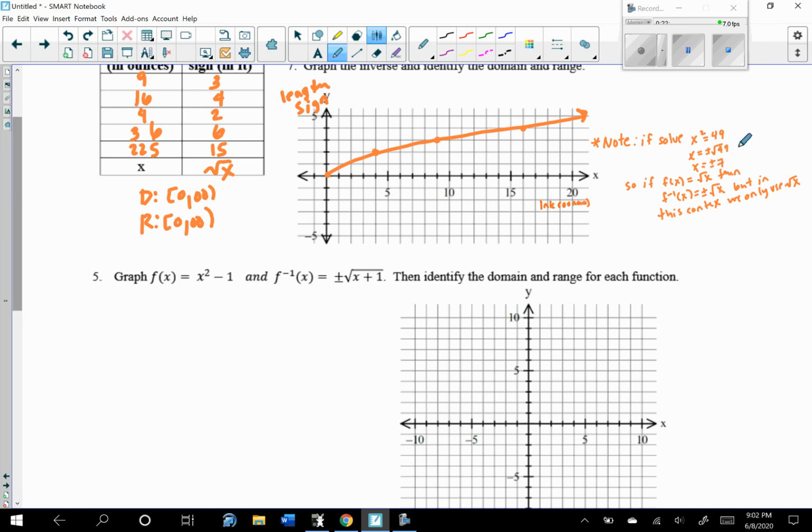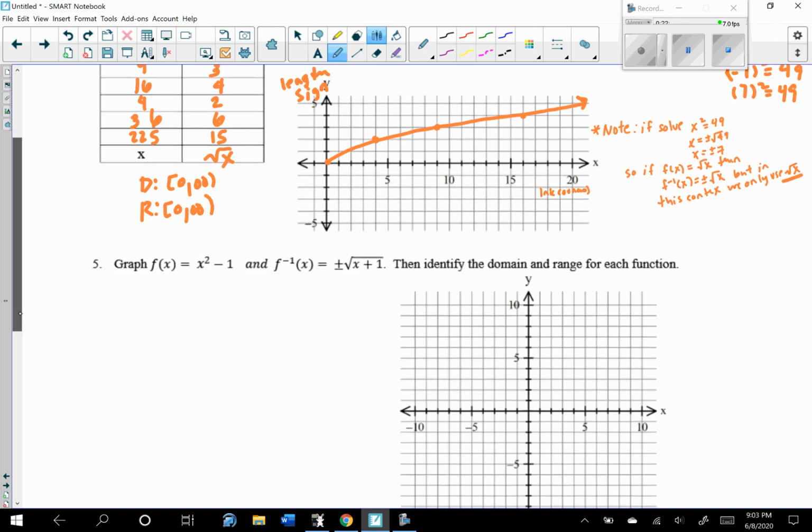And we know that works because if we were to check, negative 7 squared equals 49, and positive 7 squared equals 49. So we have two solutions, but remember that we're talking about the context of the problem. We can't have a negative length of the sign, we can't have negative ounces. So in this context, that's why we're only using the positive square root.